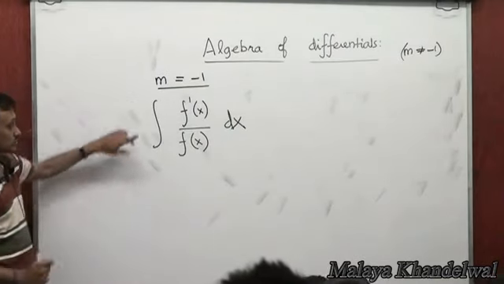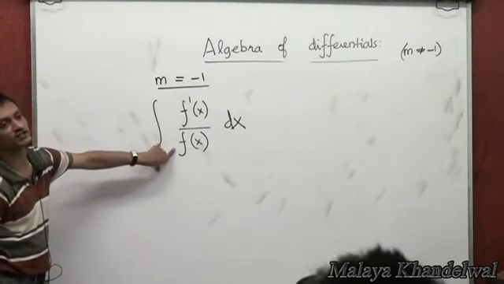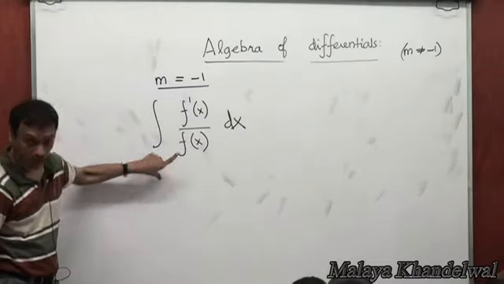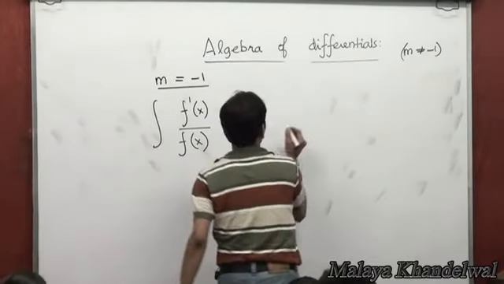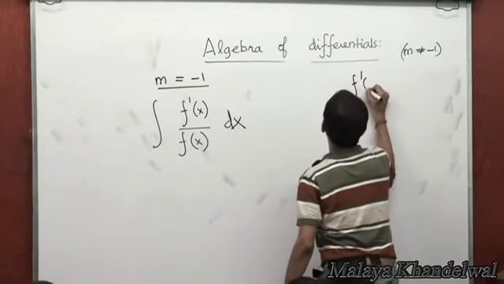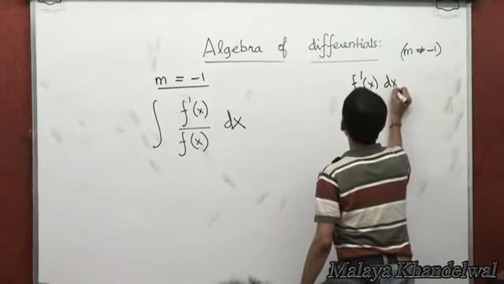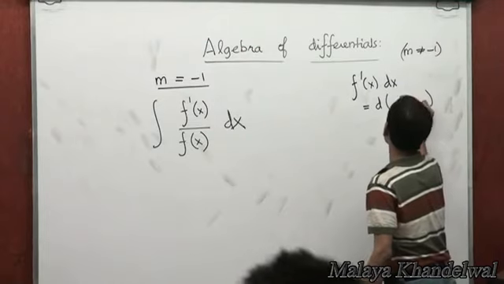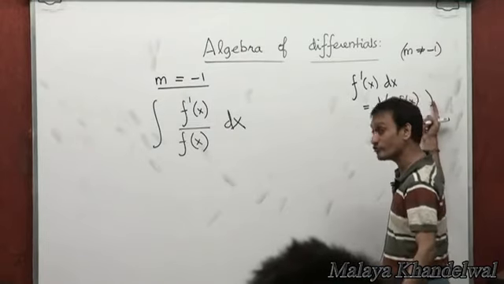So what's the form of this integral? The numerator is the derivative of the denominator, right? Now, like before, f dash x dx is d of what? Is d of f x, right? f dash x dx is d of f x.